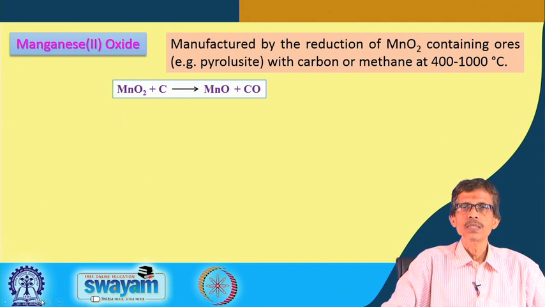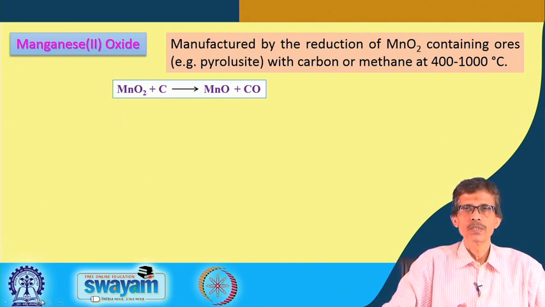So, chemistry wise it is very simple, and definitely the corresponding industrial chemistry of manganese would also be very simple. If we look at the process that we will utilize for the production of manganese 2 oxide, we take pyrolusite, which we know is tetravalent manganese, MnO2.